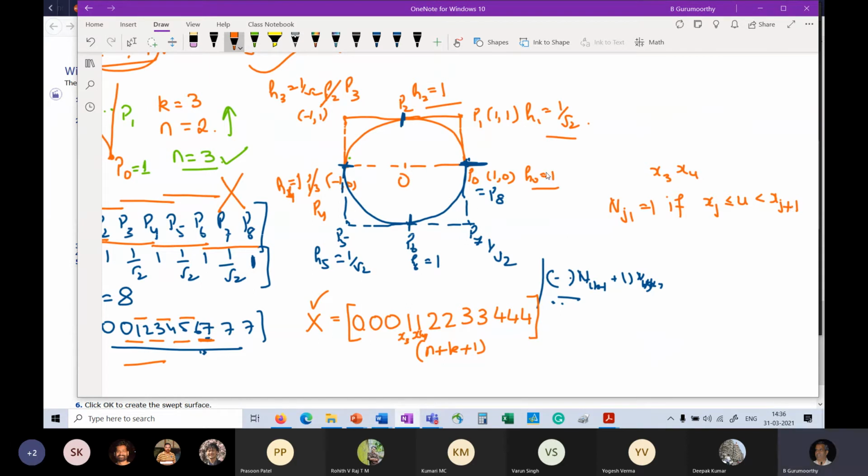So what this knot vector is telling you is that N 3,1 will never be non-zero, right? It will always be 0 because I cannot find a u such that x3 is less than or equal to u is less than x4. This is something I cannot find.